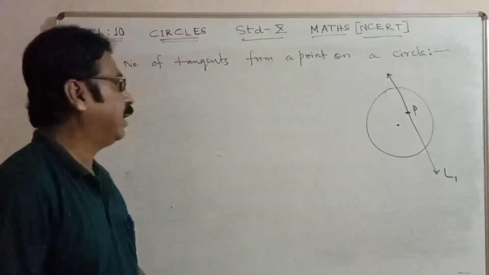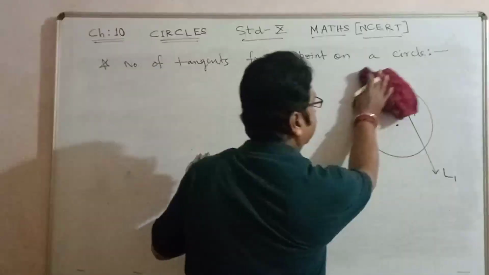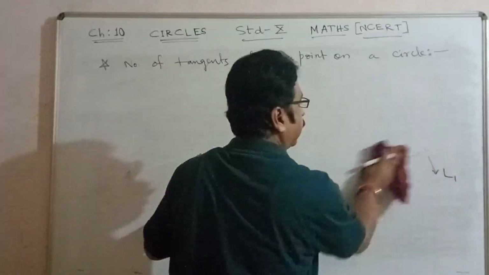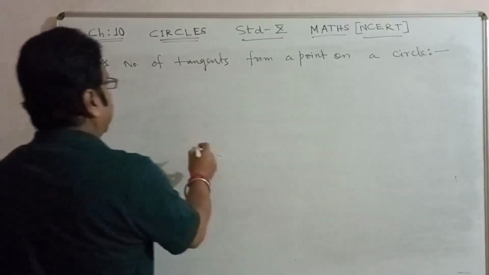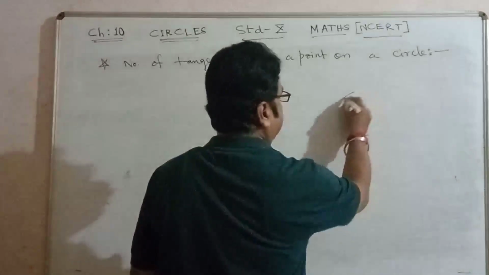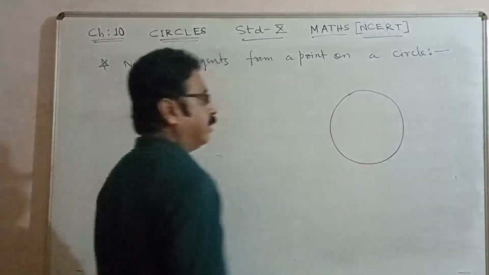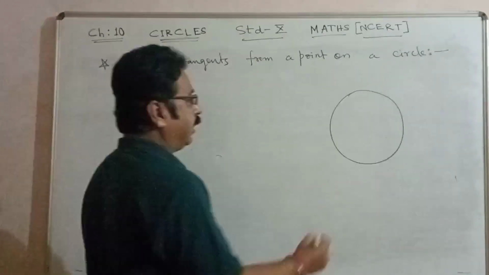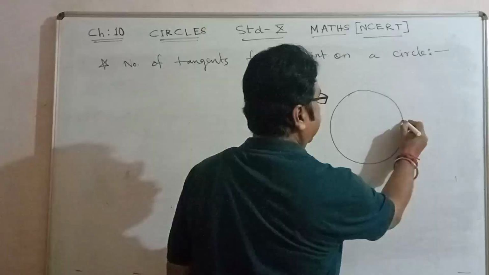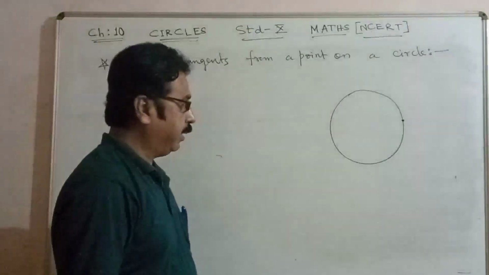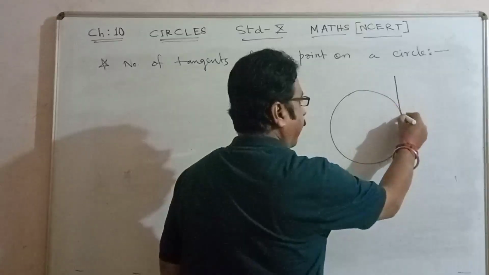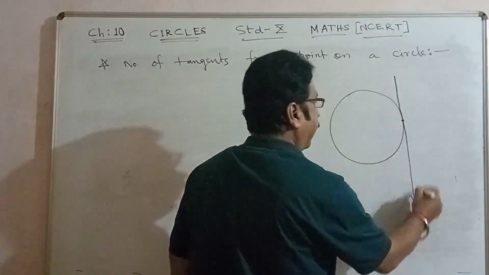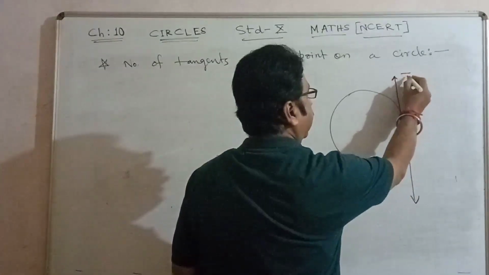Now, two more cases are there. Suppose the point is located on the circle, then we can get a tangent.